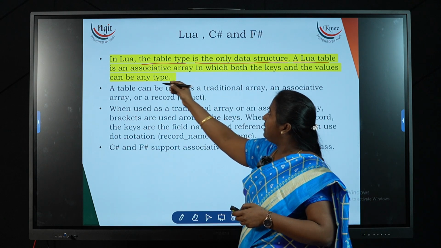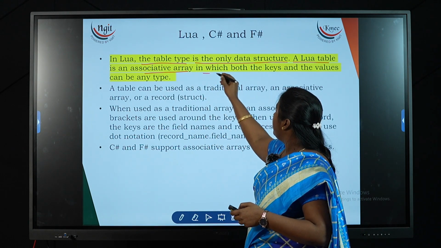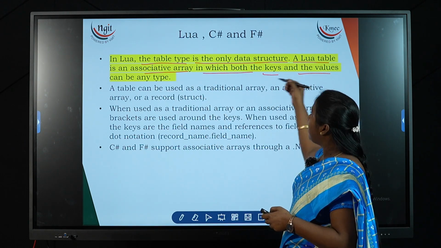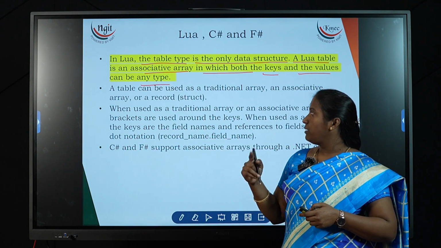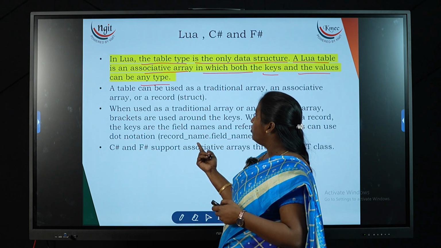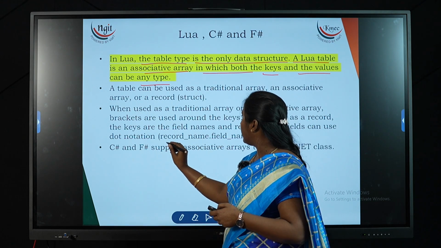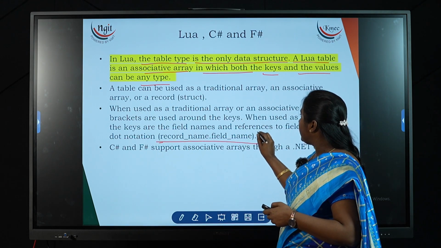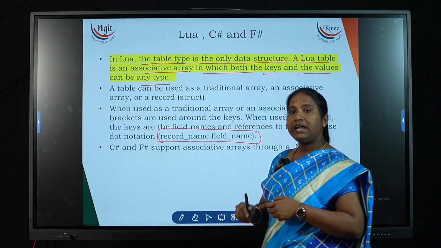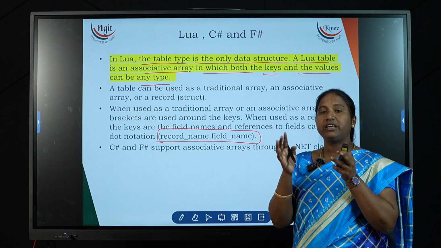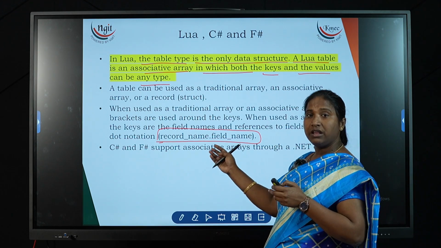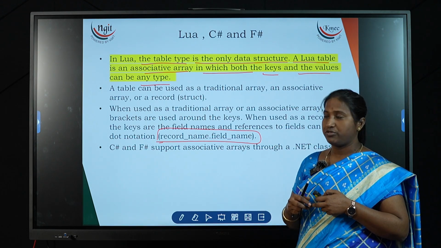A Lua table is an associative array in which both the keys and the values can be of any type. So here we'll use the table type. Now look at this. The moment I give these kinds of notations, the Lua interpreter automatically creates a table to store all the information I am using in the program.